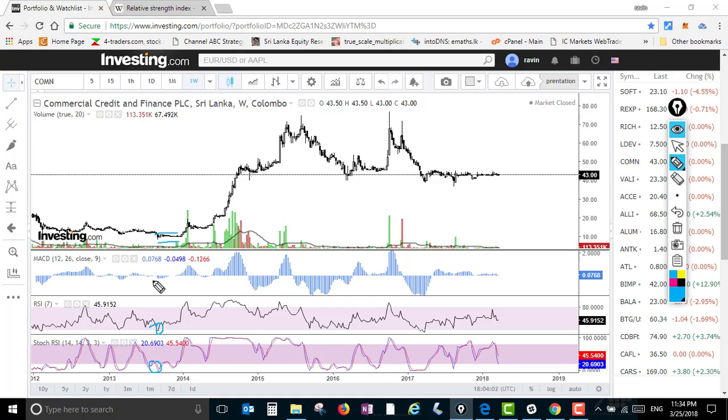MACD has a crossover here, so it is going up, but MACD is not giving anything here, only the RSI and stochastic RSI are going to tell us it is in the overbought area. But we are not doing anything; we are re-entering or adding more positions when RSI and stochastic RSI are in the oversold area.